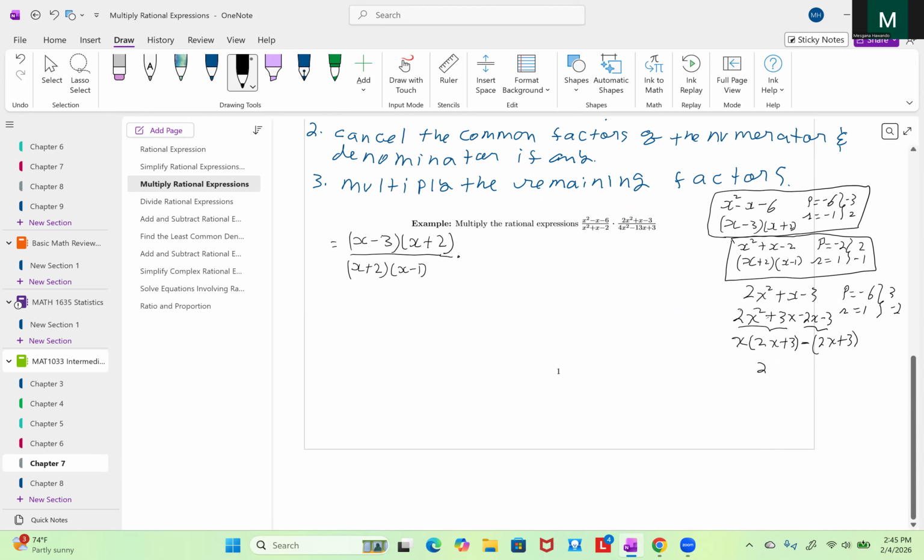Factor out 2x plus 3 times x minus 1. So the second numerator factors into 2x plus 3 times x minus 1.